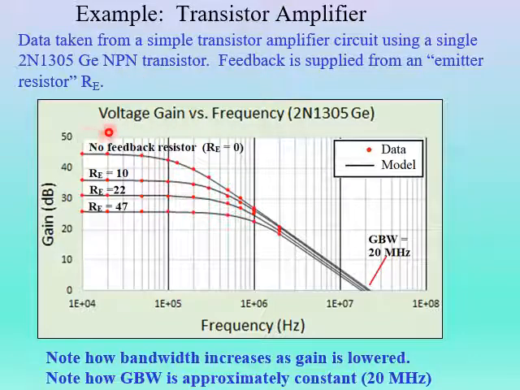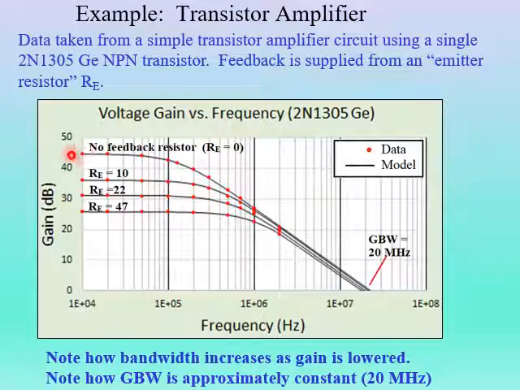So notice this is a Bode plot again. This top curve here is sort of our control curve. There's no feedback here. So the emitter resistance was, I shouldn't say zero, I should just actually say is infinite. I removed, well, I'm sorry, it is zero. I have a short there. Okay, so we have no feedback resistance here.